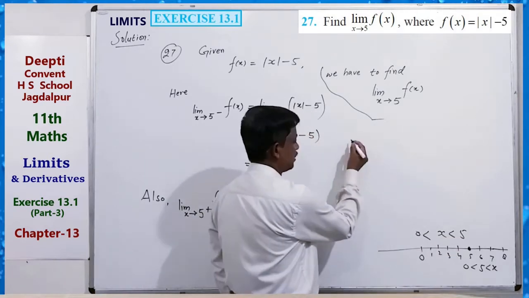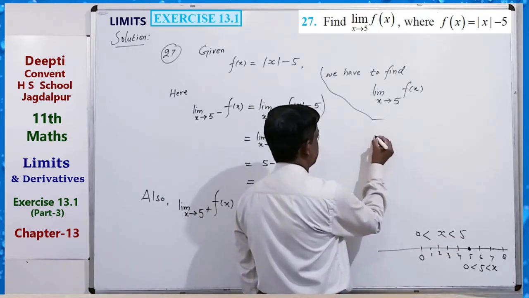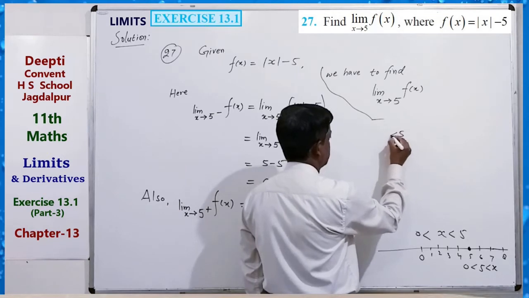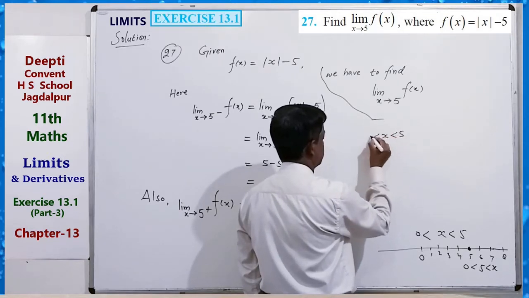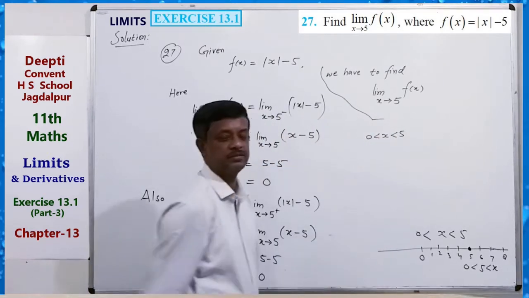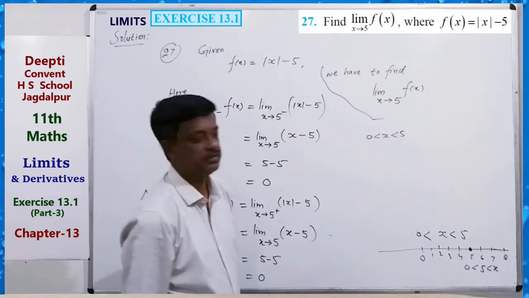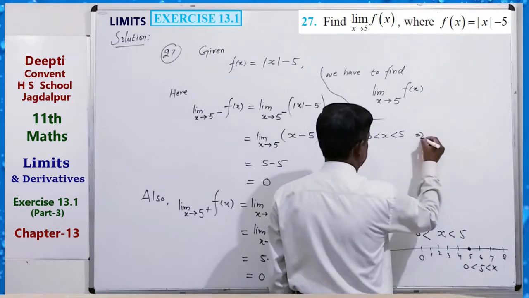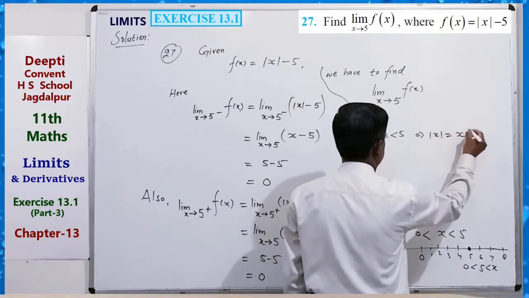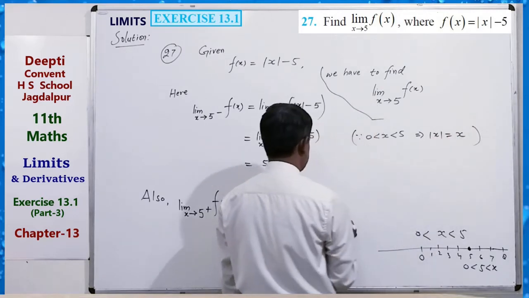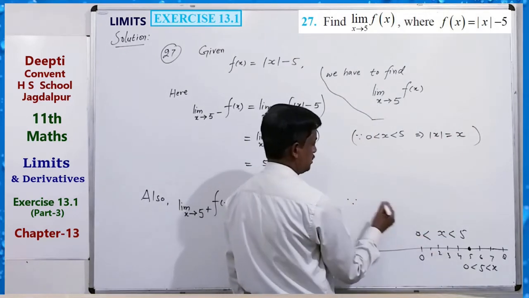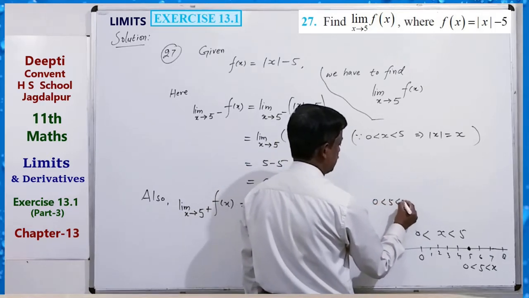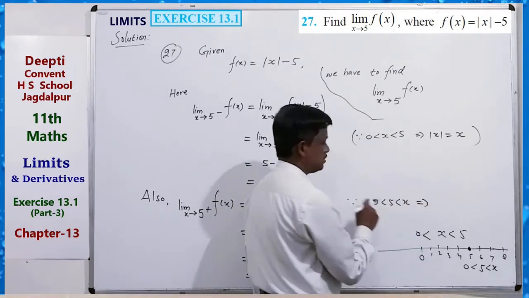So here we can write 0 less than x less than 5. Here 5 greater than 0 implies mod x is equal to x.